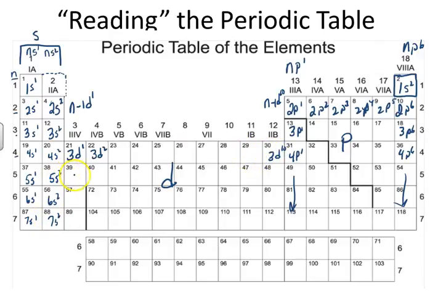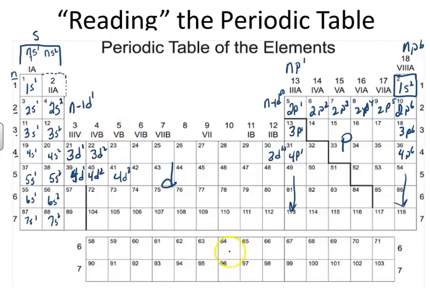If we were down here, this would be 5d1, 4d1, 4d2, 4d3, and so forth all the way over to d10.